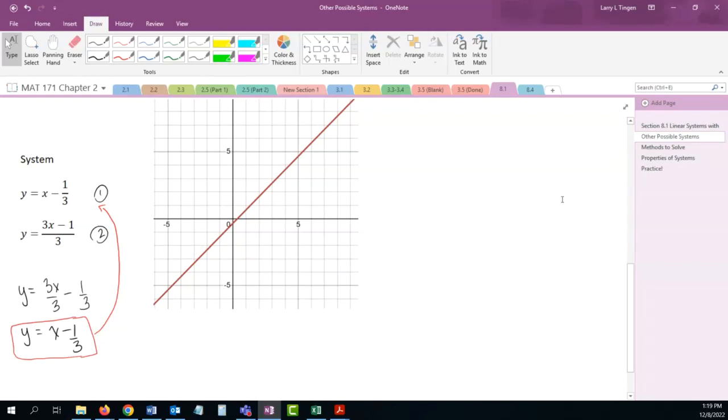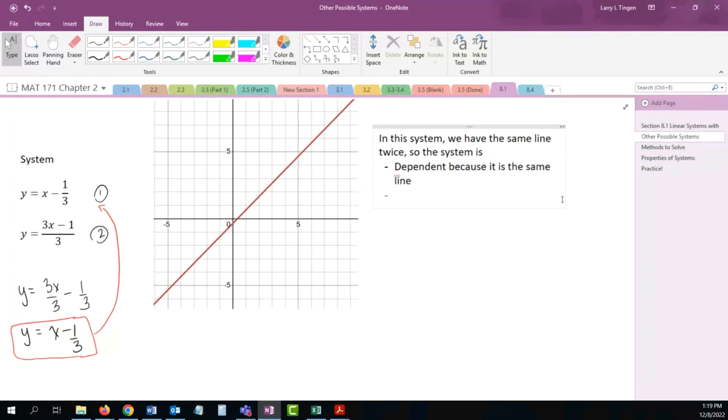So in this case, we have the same line twice. So the system is dependent, because that's the same line. But then is it consistent or inconsistent? Well, remember, a system of equations has solutions wherever the equations in the system overlap, or if I graph it, where they intersect.